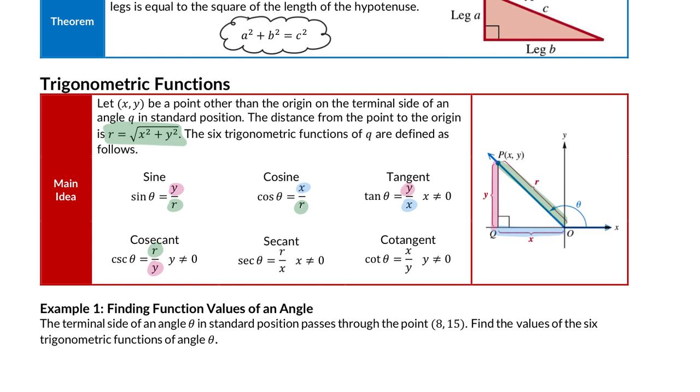Secant is the reciprocal of cosine, so you flip over the cosine function to have r over x, again making sure x is not equal to 0 because you can't divide by 0. And then cotangent, C-O-T, don't call it cot, that's so annoying. It's called cotangent, is the reciprocal of tangent, x over y, again, denominator can't be 0.